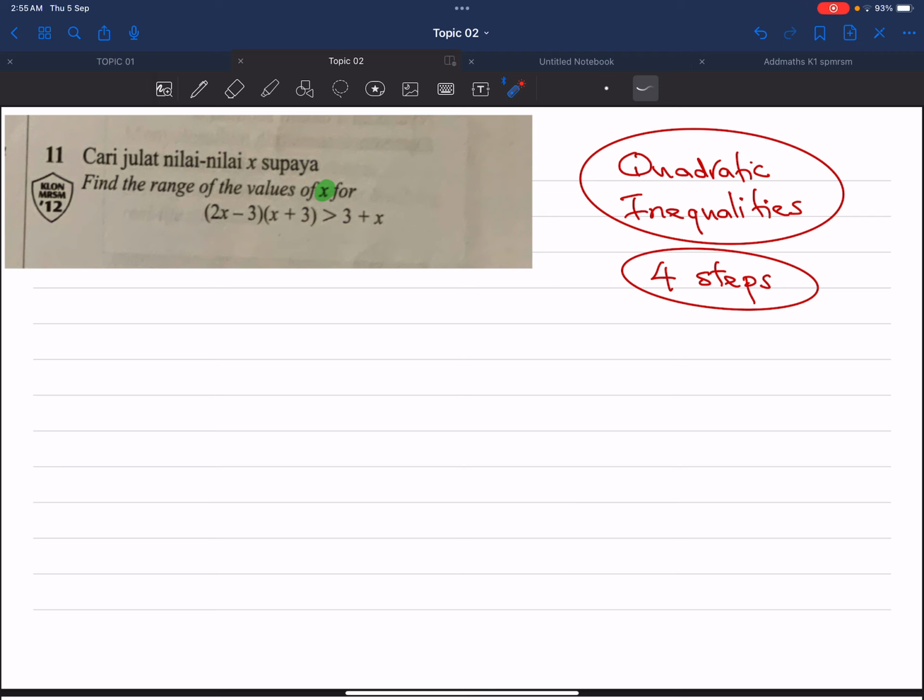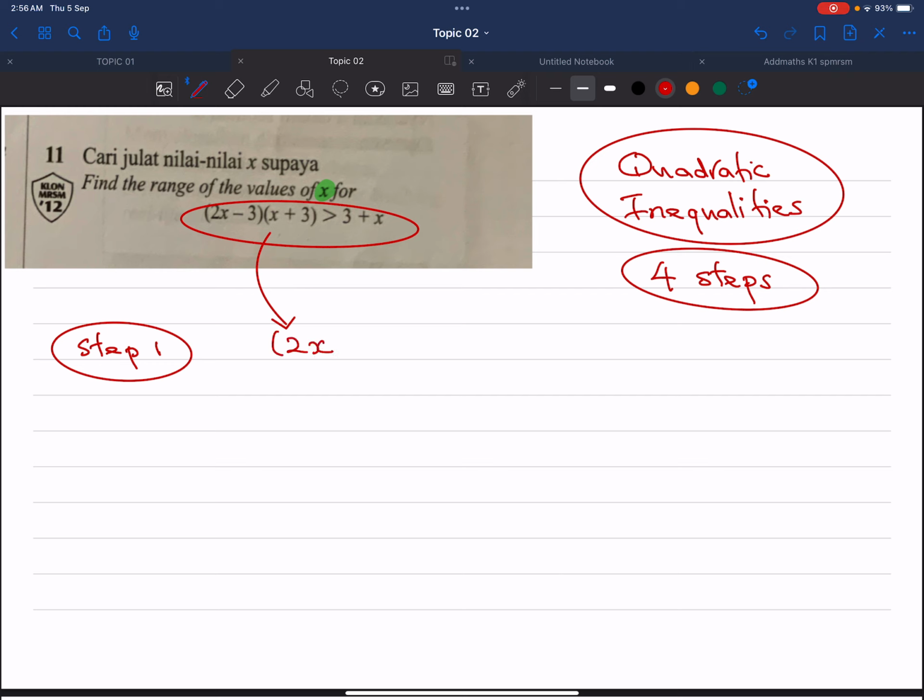Step 1. We are going to do step 1 out of the 4 steps. Going to write the given expression back again, which was (2x minus 3)(x plus 3) more than 3 plus x.